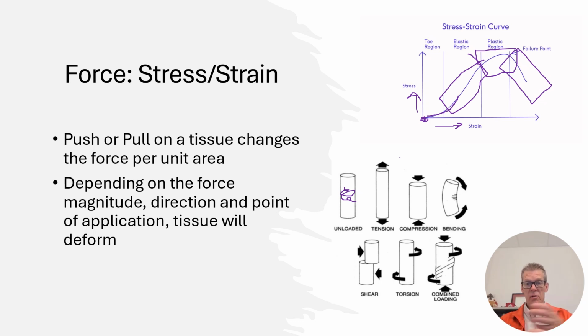There are shear forces where you have oppositely directed forces, these little arrows. Torsion is a twist, and then these types of loads can happen in all sorts of combinations. Here it's compression and torsion happening at the same time. So this is a really important concept when we think about injury mechanisms and just how tissue is loaded and unloaded consistently and regularly in the human body.